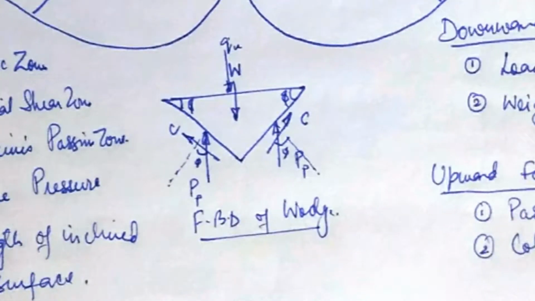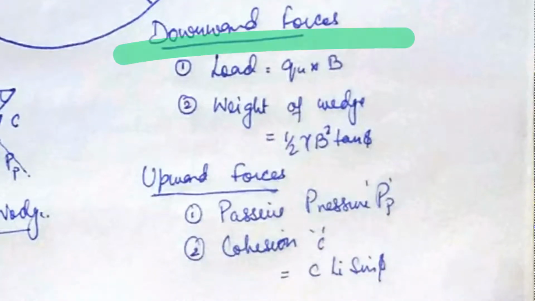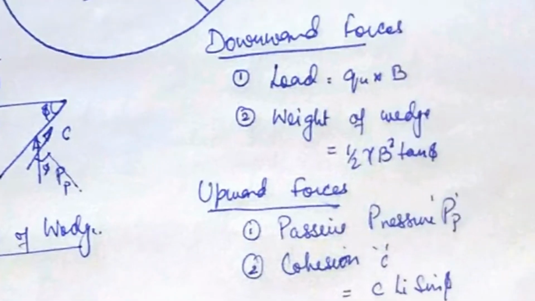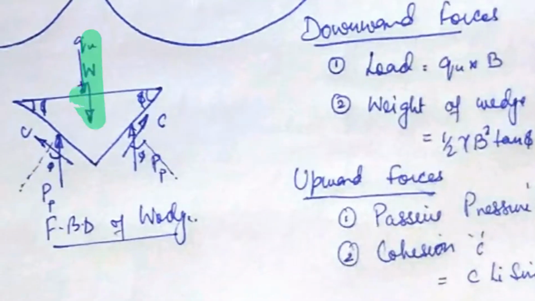Let's see the total forces that may be acting on the wedge. The downward force is the load qu acting over a width B. So the total load is equal to qu cross B. Then the weight of the wedge is also acting here.